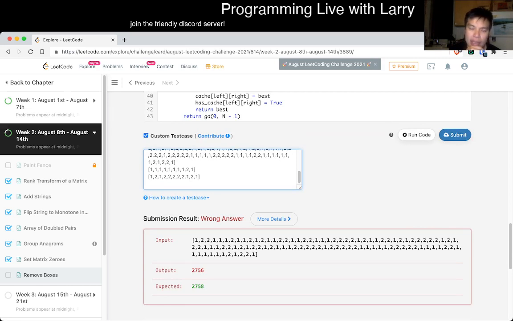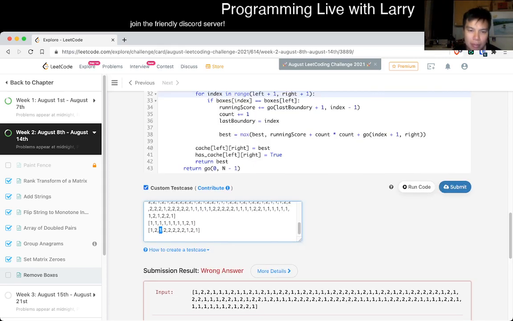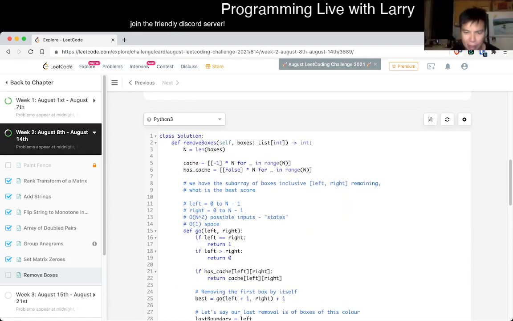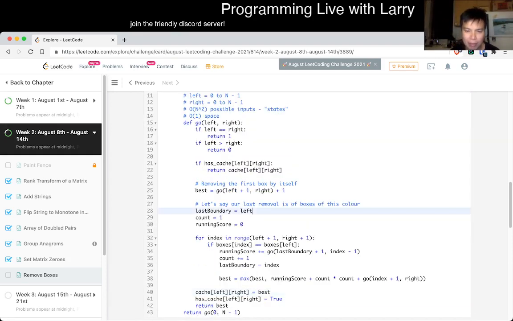So then the question is, how can I remove this 1 by itself? At least in a way that is consistent. So I was wrong about some parts of this. I thought that it would be exhaustive, but I was wrong. So I have to modify this a little bit.